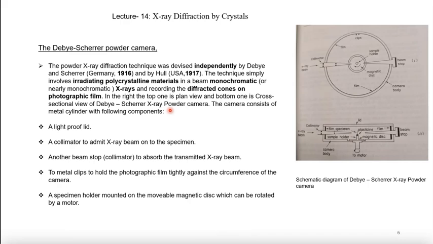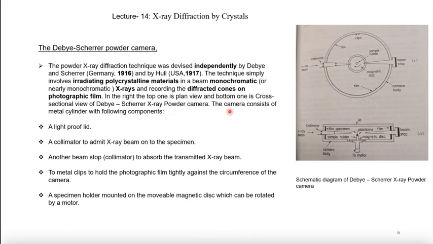Two scientists devised the camera independently: Debye and Scherrer from Germany in 1916 and Hull in 1917. The technique is a very simple technique, and that is the beginning of crystal structure determination of crystalline powder samples.